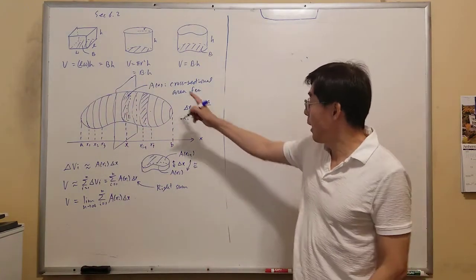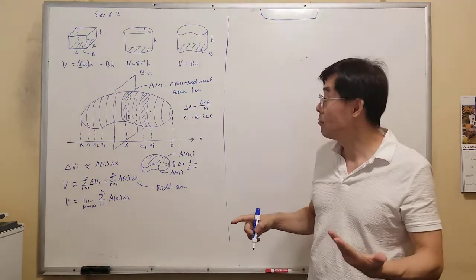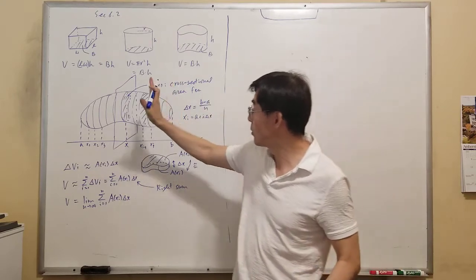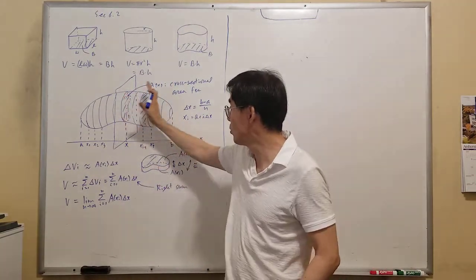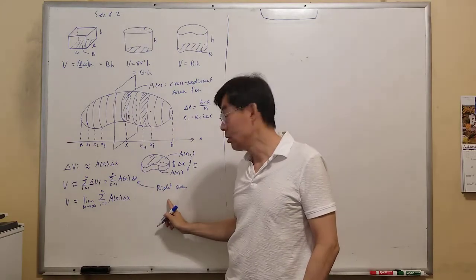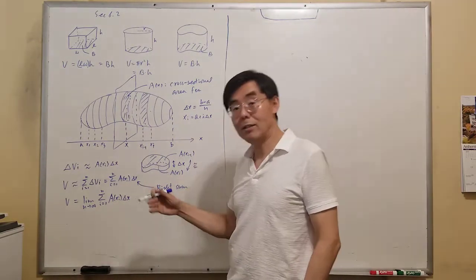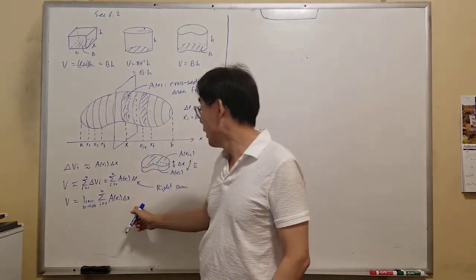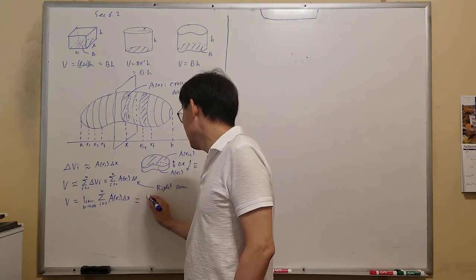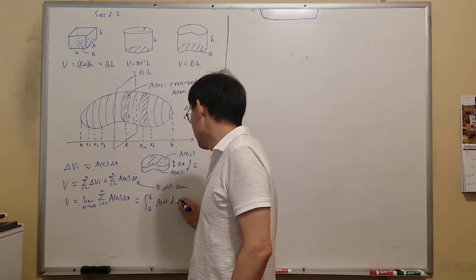And assuming that A of x is a continuous function, the cross-sectional area does not suddenly change. It changes smoothly, continuously. The right sum is one of the Riemann sums, right? And this is exactly the definite integral from a to b of the cross-sectional area.